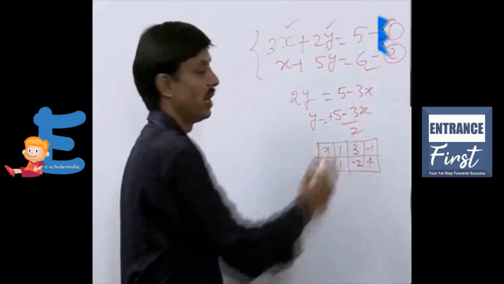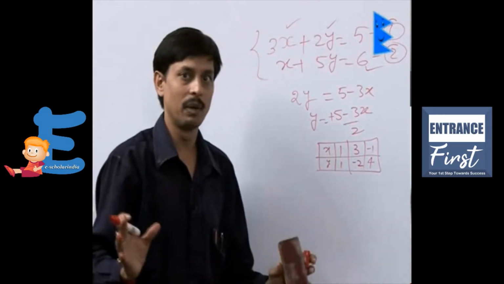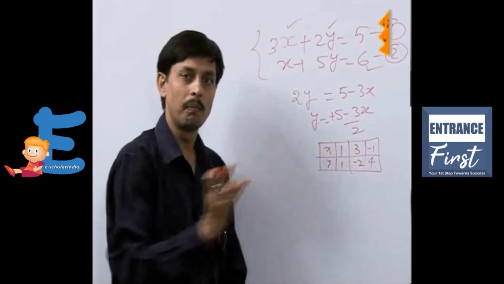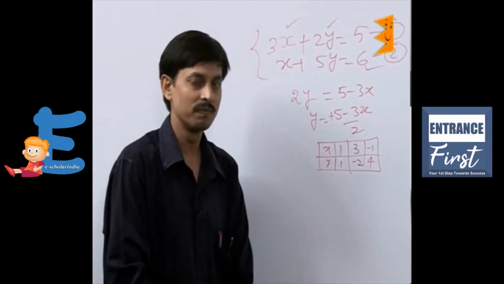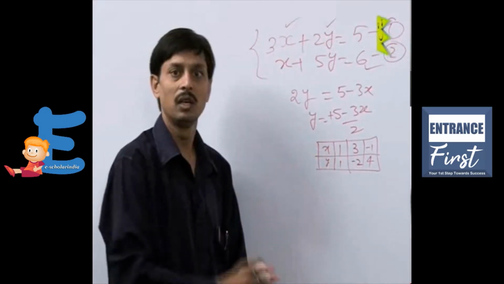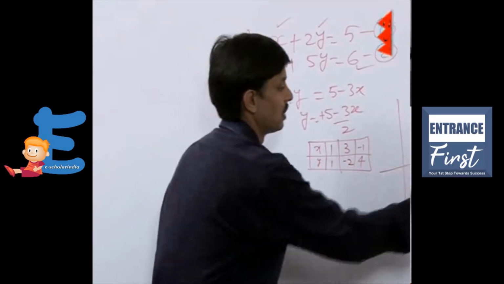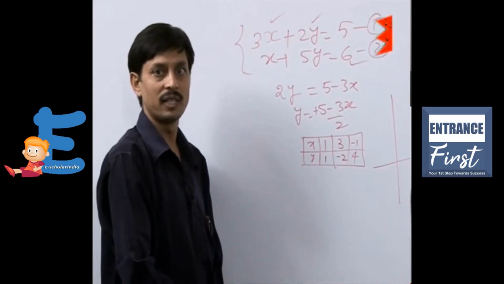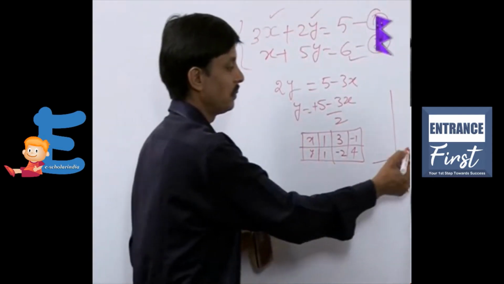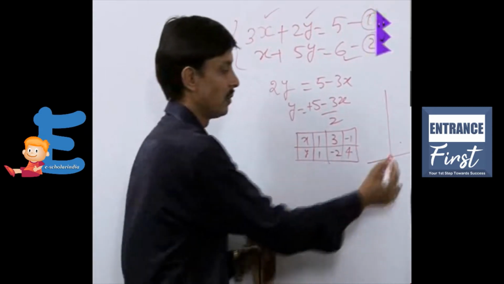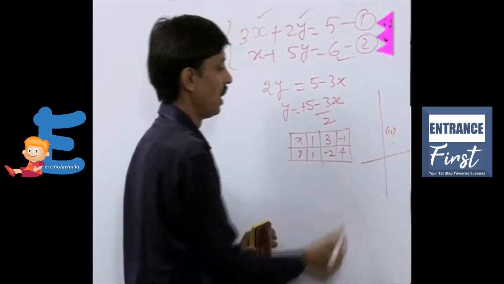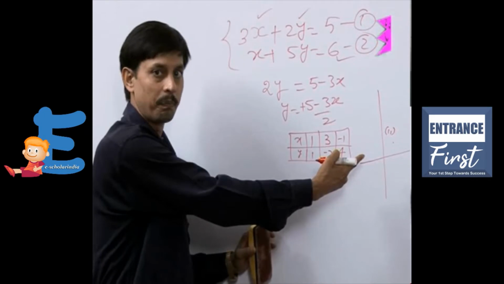Now for the second equation, but always remember, whenever you have made the table of three sets of values, first of all plot the points and draw the graph. It is like this. Suppose x-axis and y-axis, 1 comma 1, say this point is lying here. It is not exact because I am plotting here.